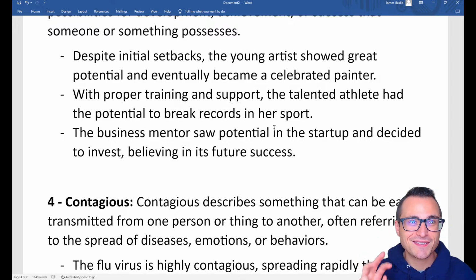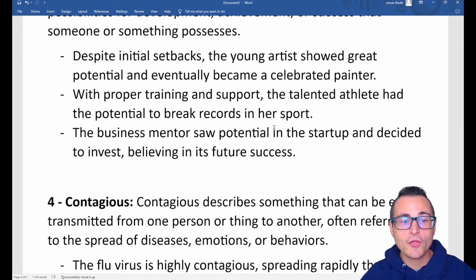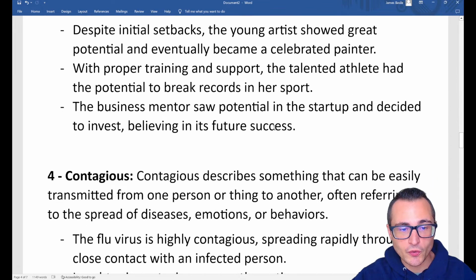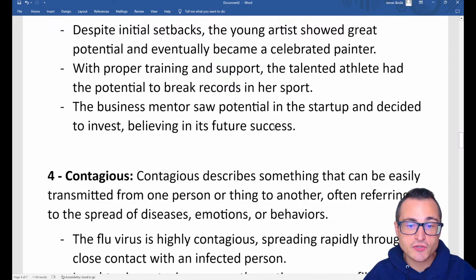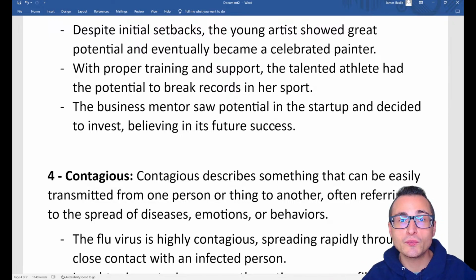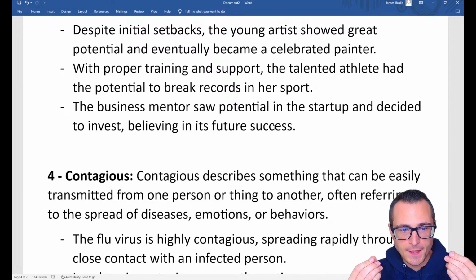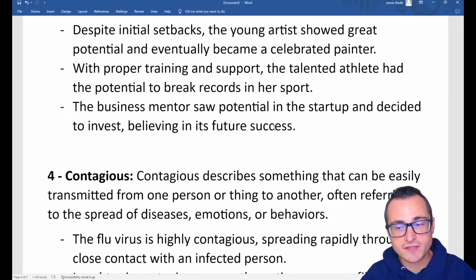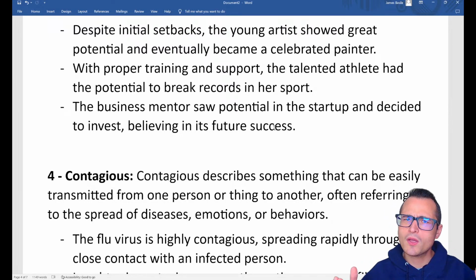Third example sentence with potential. The business mentor saw potential in the startup and decided to invest, believing in its future success. So, what did this business person do?